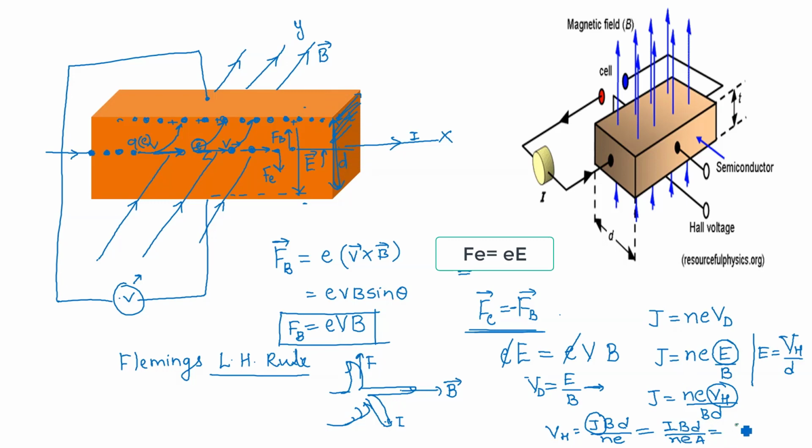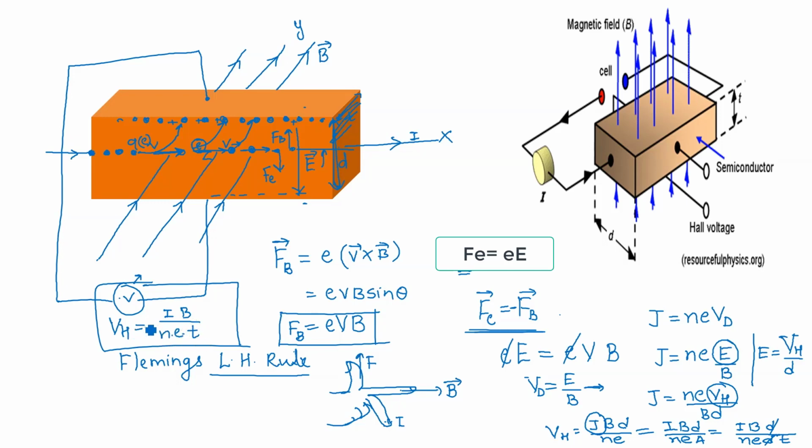So I B d upon n e into d into t; this d and d get cancelled. So finally I get the Hall voltage, V_H, equal to I B upon n e t.